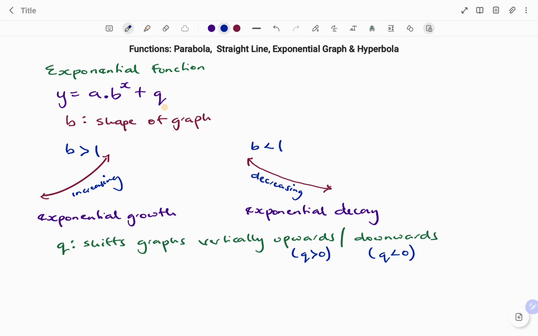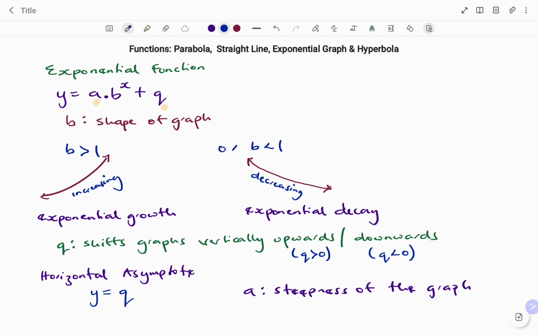Also, we have a horizontal asymptote, that is the line which the graph can never cross, and for the horizontal asymptote, you have y equals q. The a in the graph affects the steepness of the graph. And also, note that for the exponential decay, you have 0 less than b less than 1.